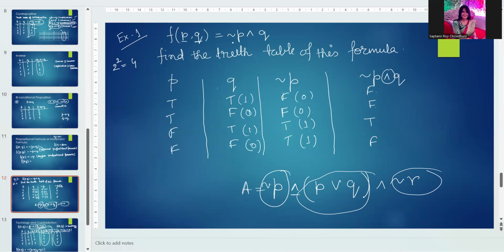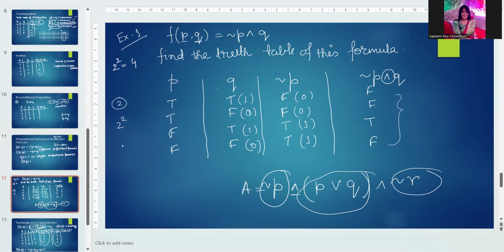Next, we will see that this has given a propositional formula. So what will be the truth table of this formula? If you find out the truth table, this is the truth table. And what is the pattern for writing? If two propositions are given, how many inputs are there? 2 to the power 2. First we write 2 T, then 2 F, then TF, TF.